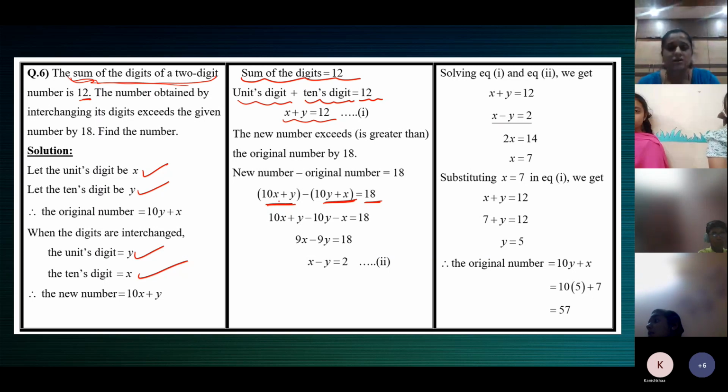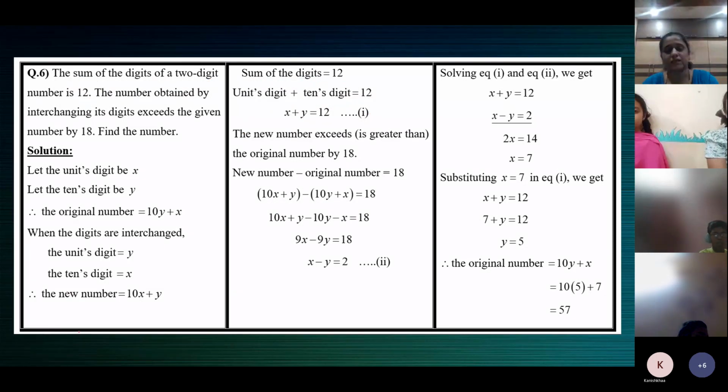Okay, thank you, Kanishka. So children, these are the equations. X plus y is equal to 12. The sum of the digits, x and y, meaning x plus y is equal to 12. The number obtained by interchanging its digits is the new number. There are two numbers.